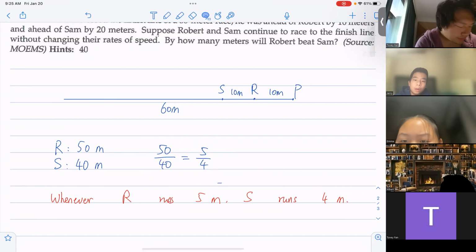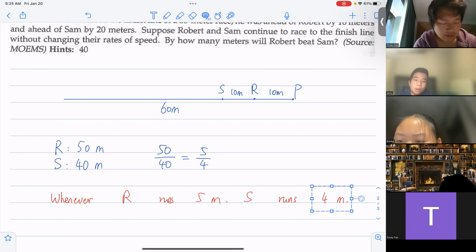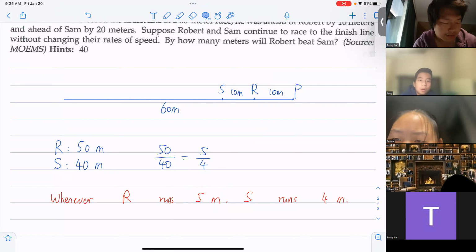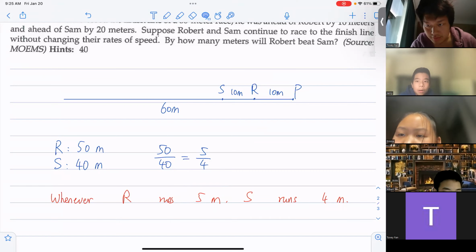So if Robert runs 10 meters, Sam runs 8 meters, right? If Robert runs 50 meters, Sam runs 40 meters. If Robert runs 100 meters, times by 20, then Sam would run 80 meters. It's a ratio between their work, you could say, between the distance they covered.